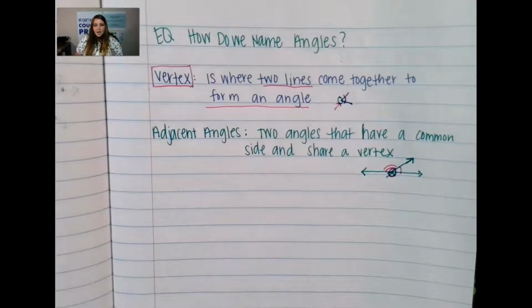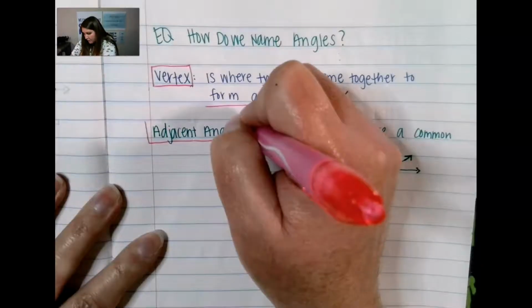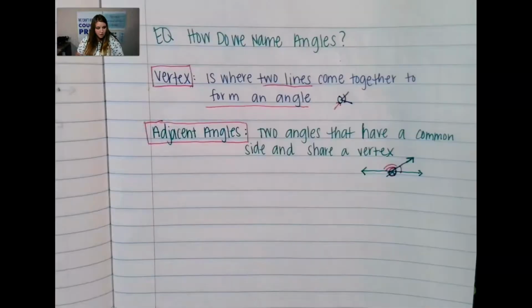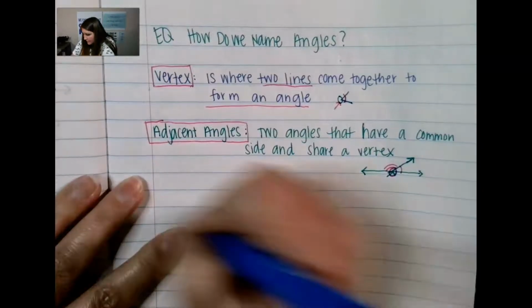All right. The next type of angle that we have is called complementary.